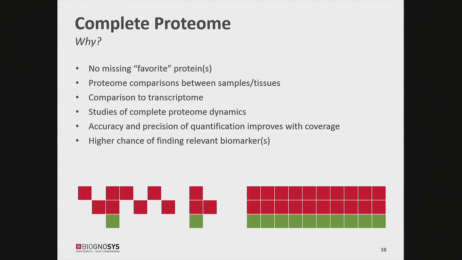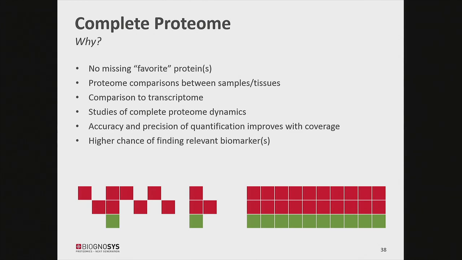For instance, this first one is a linear one, but you don't want to have missing proteins in your data, and this is something we often have with customers. They want to do a DIA experiment, but they also have their favorite proteins, and if you have a chance of 10% of finding those, it's not so nice, but if you have an 80% chance of finding them, it's much better. That makes a big difference for them.